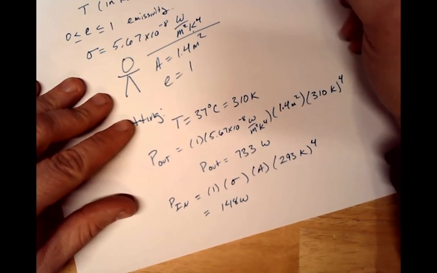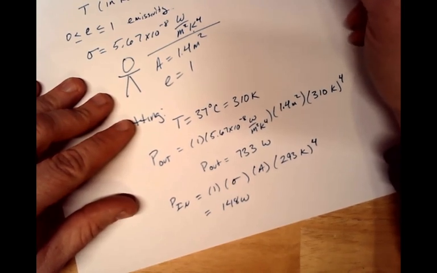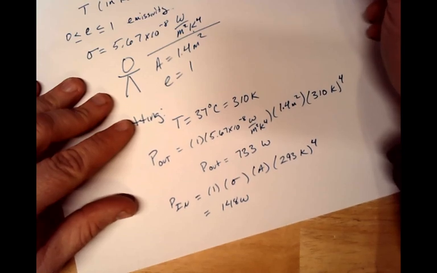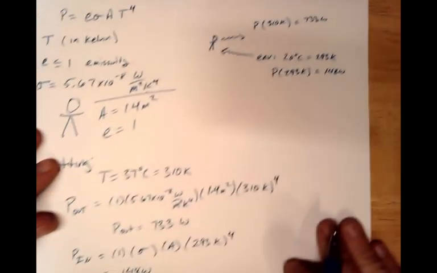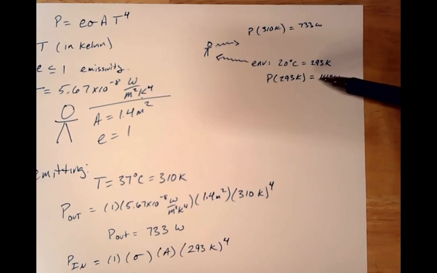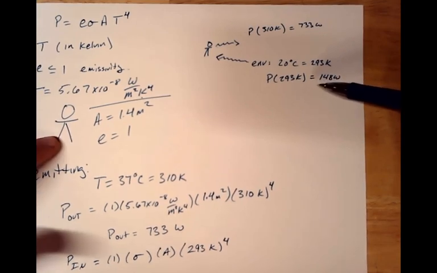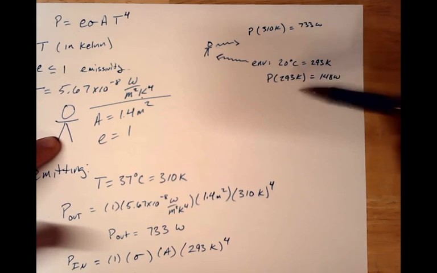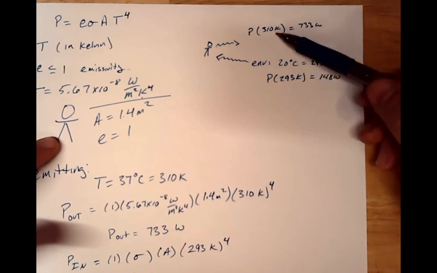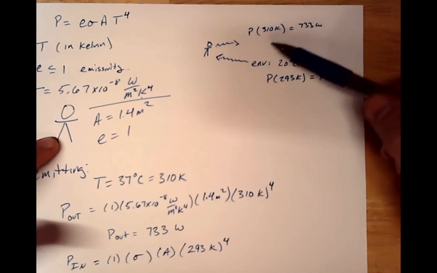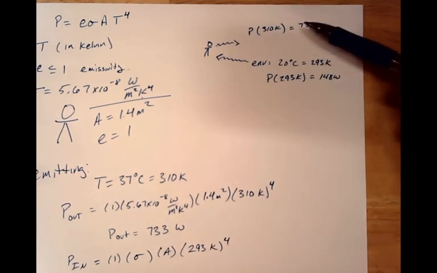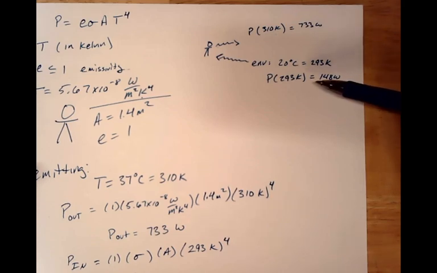So the power at 293 Kelvin is 148 watts. And there's nothing special about these numbers in the sense of it being a person. Any object at 310 Kelvin and 1.4 meters squared and emissivity 1 radiates that much energy. Anything at 293 Kelvin at those same values radiates 148.